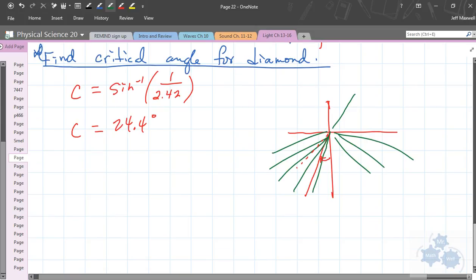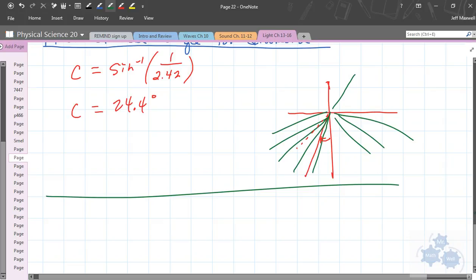Okay, what's the critical angle for water? Let's calculate it. The critical angle for water is going to be sine to the negative 1 of 1 over, what's that, 1.33.